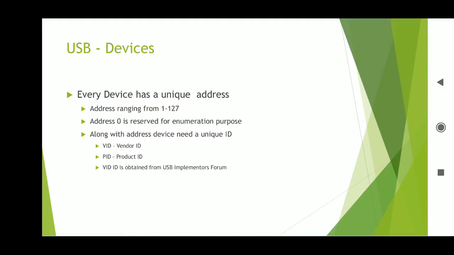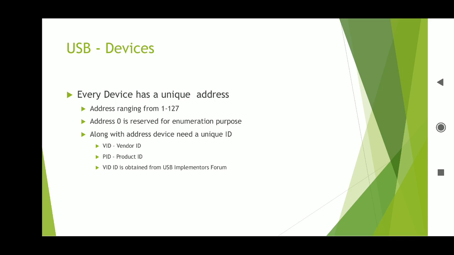USB has a single master multi-peripheral architecture, and a USB host can connect to multiple USB devices. Each USB device has a unique address ranging from 0 to 127, because it uses a 7-bit address field.